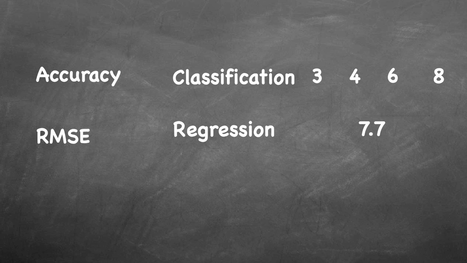There is no partial credit for, say, the answer was 8 and you chose 6. You might say, well, that's closer than saying 2, but not in accuracy. Accuracy is just like the score on a test exam. 80% means you picked 80% of these correct. There's no partial credit in classification.